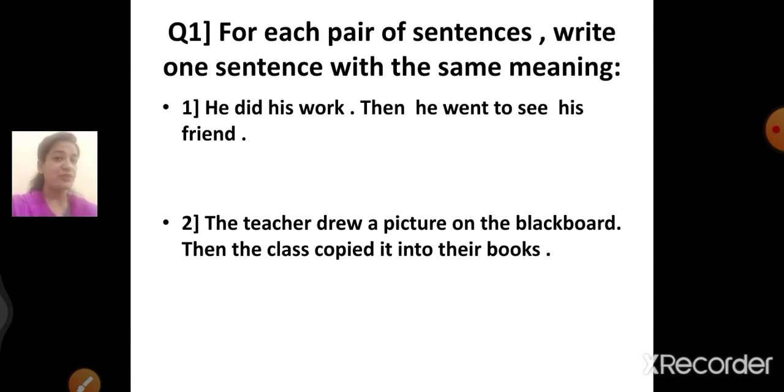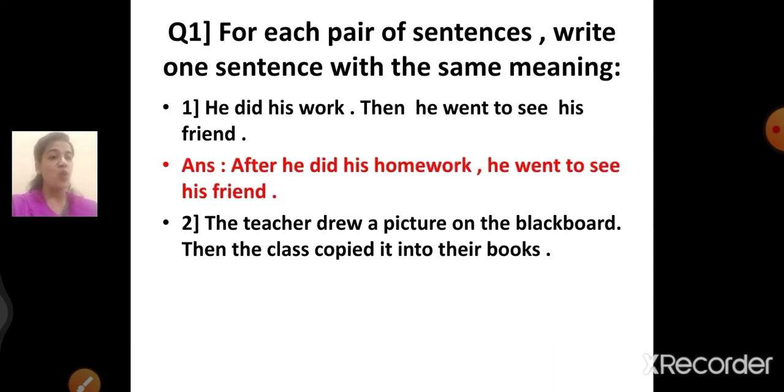Now you can pause the video and take your own test. Okay, so the answer is, after he did his homework, he went to see his friend. Now see the second one. The teacher drew a picture on the blackboard, then the class copied it into their books.